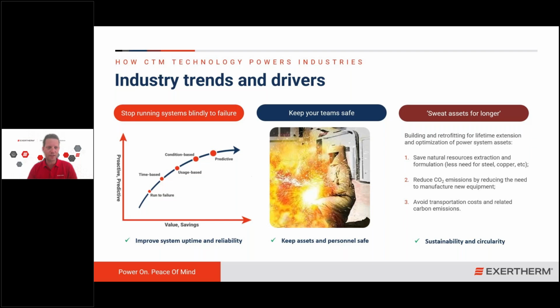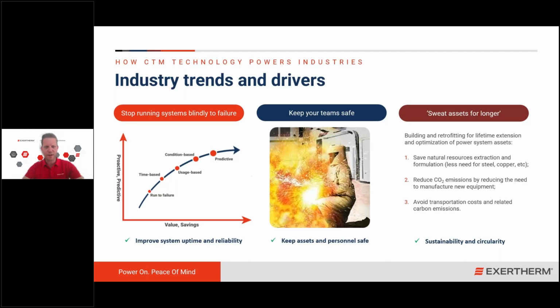Many end users and operators today are still running their systems blindly to failure and are surprised by unplanned outages occurring, losing the system, everybody's huddling and scrambling to get the process up and running again. And it's about step by step moving from running to failure or time-based snapshot in time inspection and maintenance activities through confidence and comfort up the line towards condition-based and finally towards 24/7 continuous online monitoring for operations optimization.